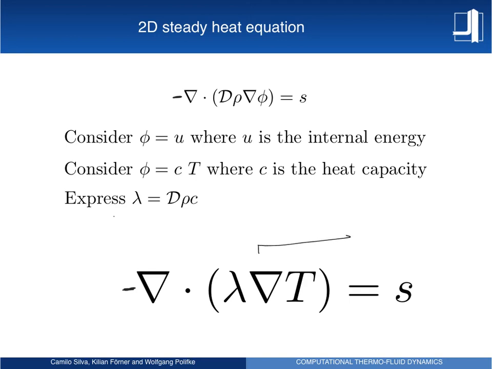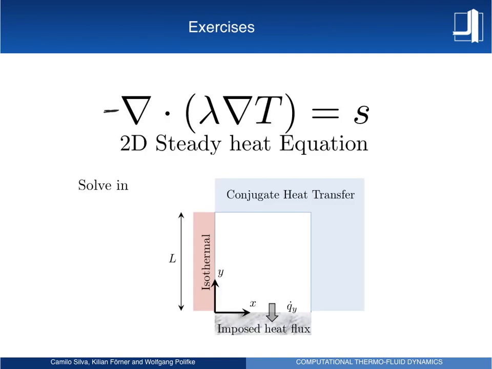If lambda is constant in space, well, in time as well, then we will have minus lambda times the Laplacian of T equals S, and this is the source. Okay, so this is going to be the problem we will do today.